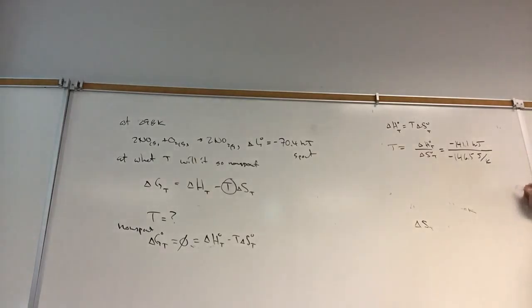And then I need to convert joules to kilojoules or vice versa. So we'll just convert it to kilojoules here, and then calculate the temperature. What does the temperature come out to?